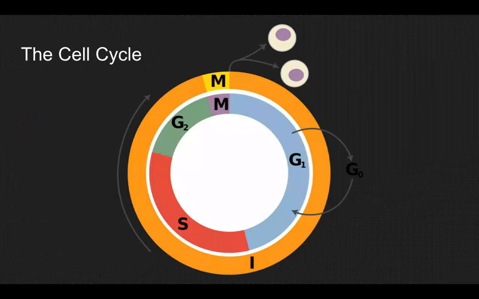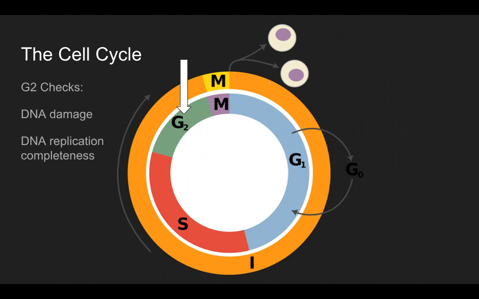The next checkpoint is G2. It checks if any DNA has been damaged and if the DNA has been completely copied in the S phase for cell division to go smoothly, as we can see in the G2 checks over here.